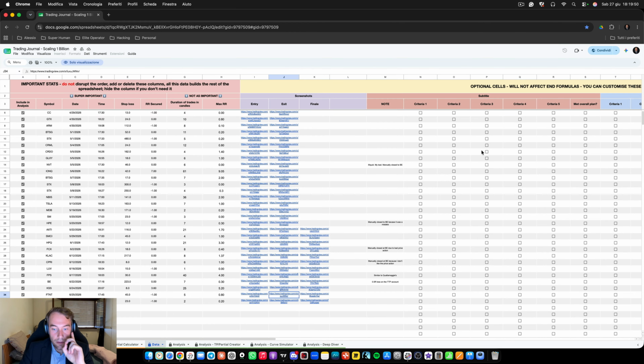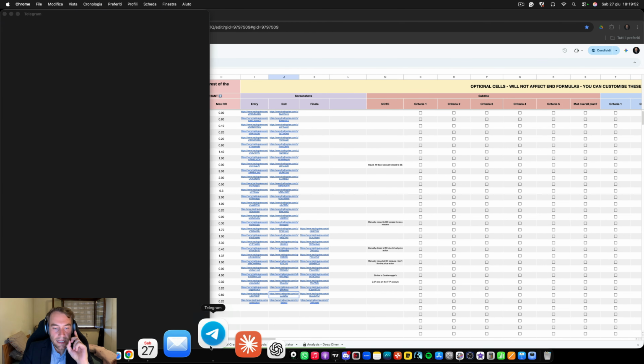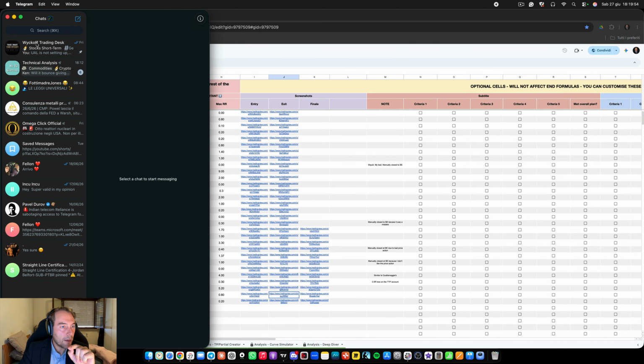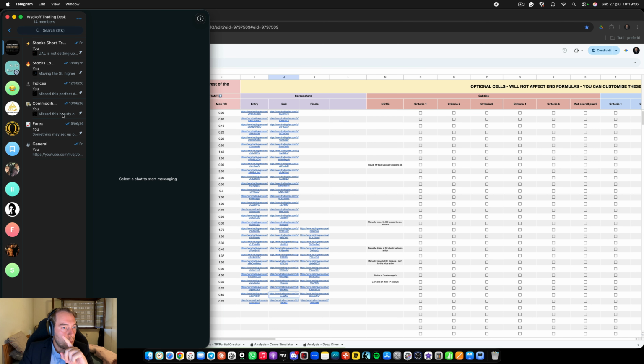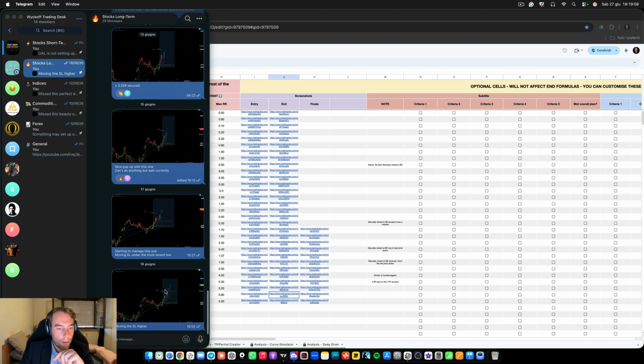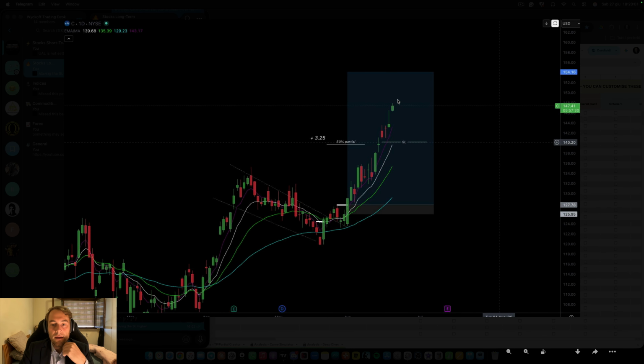Then we had, I didn't update the trading journal. We had this one, if you remember. We had this one ended up here or here. Maybe I moved the stop loss higher a little bit. I don't remember, maybe not, but let's say that it ended up here, and it ended up here for a 7.35 R total.